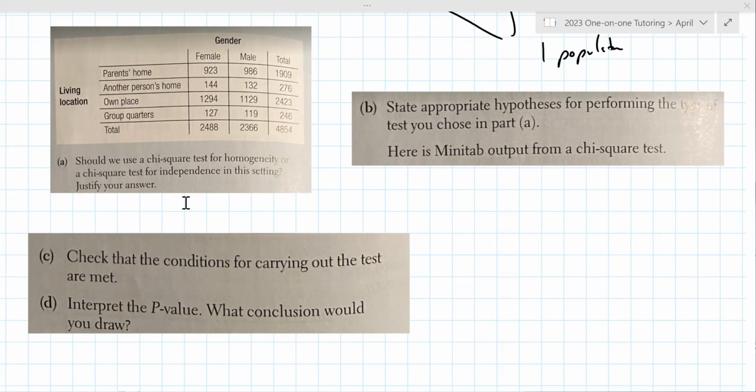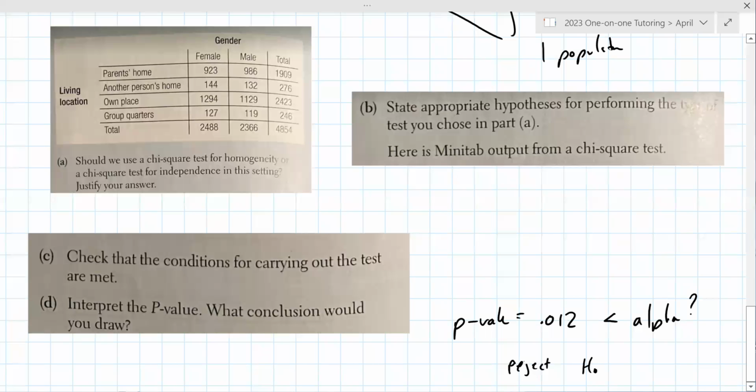Interpret the p-value. That's the big one. There's a lot of other stuff here, but the p-value is really all you care about. 0.012, is that less than alpha? Because we're only using the 0.05 alpha. Yes, it is. So we are able to reject H0, and you conclude the alternative hypothesis.